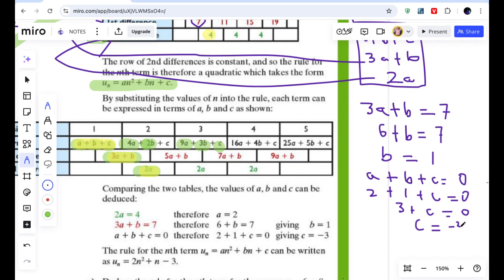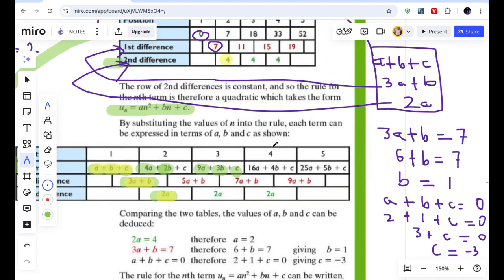Now you found A, B, C, you substitute them into the general formula. You must remember when you solve this, you must know the general formula. This is where the whole story starts. What did we get for A? A was 2. So we can write under it, 2n squared. Only A, B, C you substitute.